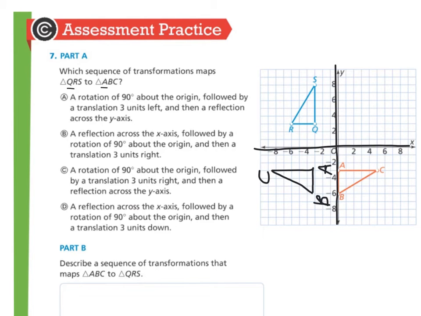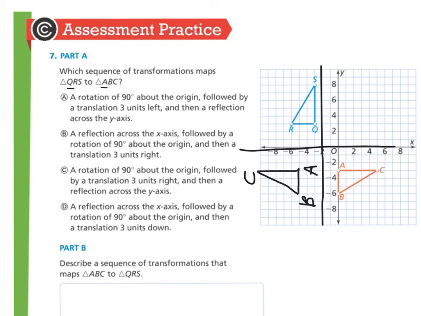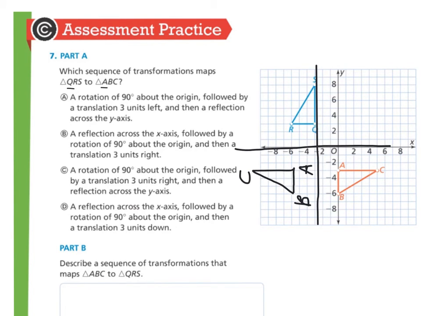That actually is going to take us away from that y-axis, and then reflect across the y-axis. Now, if you look, A and B are 6 away from the y-axis right now. On the left, they're going to be 6 away on the right when we do that reflection.